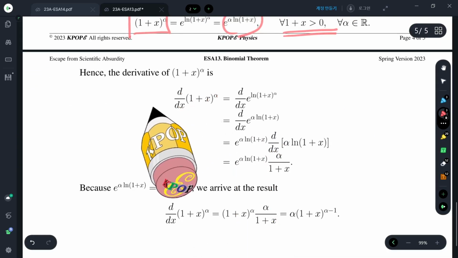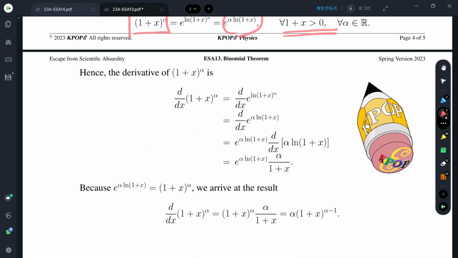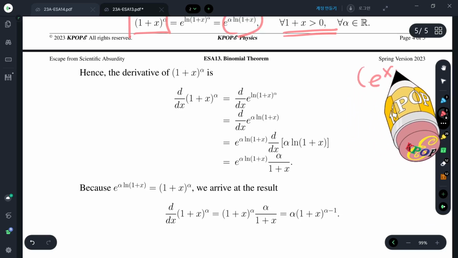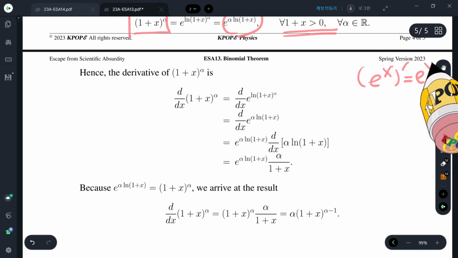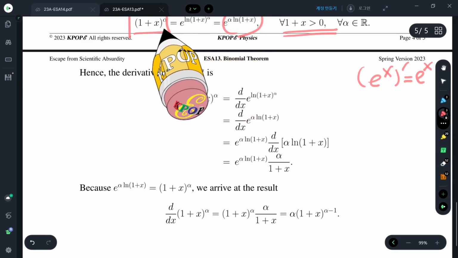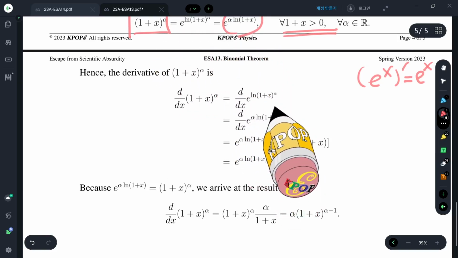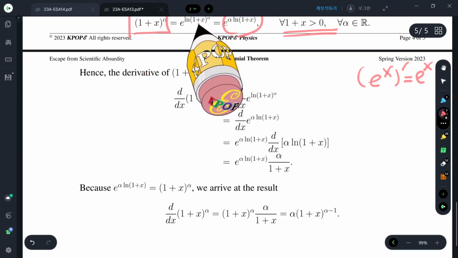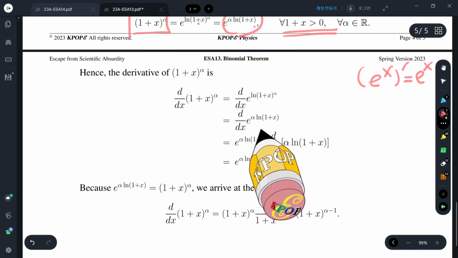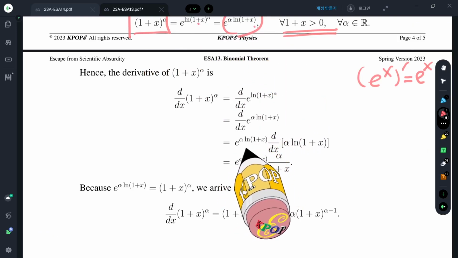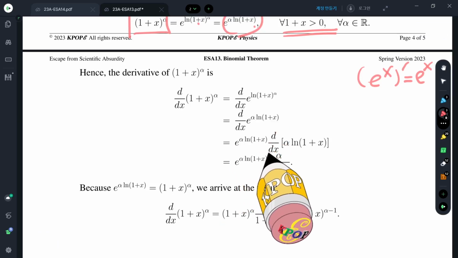Let us compute the derivative. Because we know how to take the derivative, this is trivial. Now we substitute in here, and this one, and then this. Now we make use of the derivative.